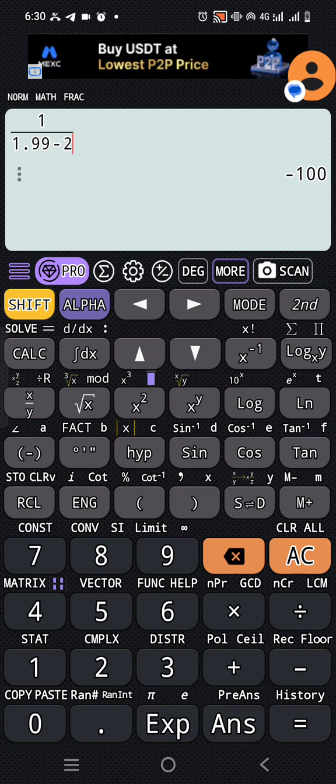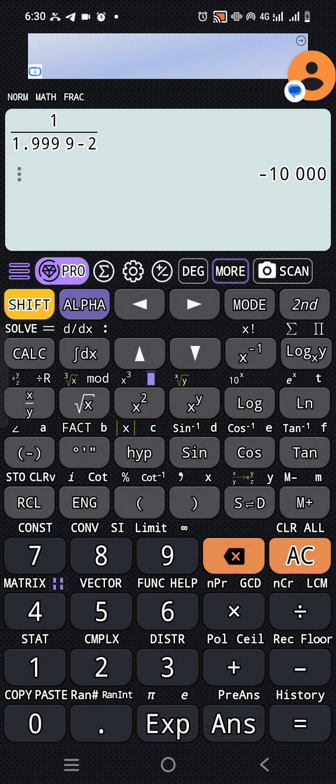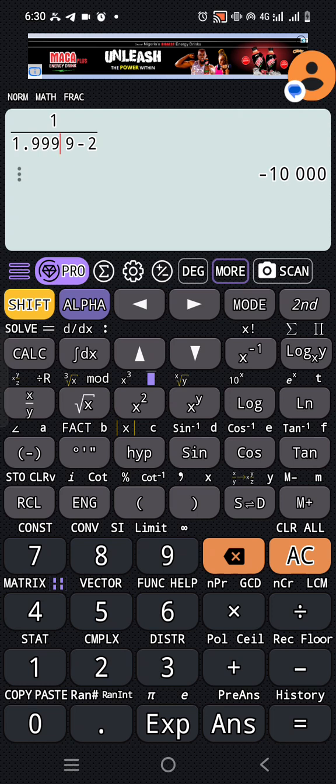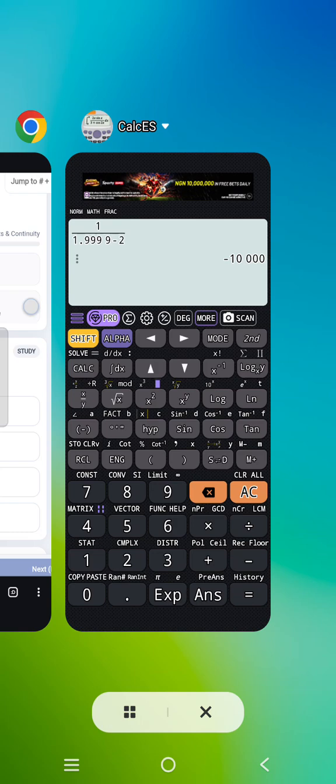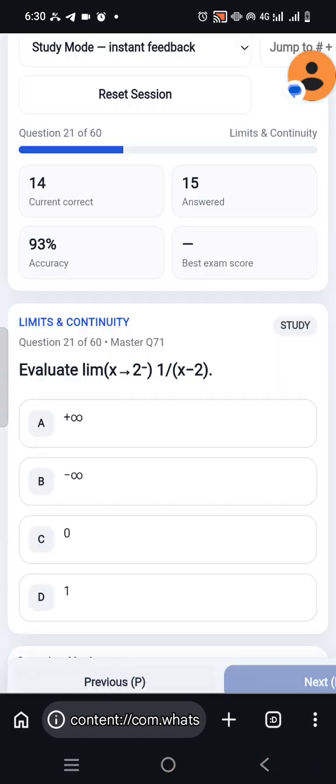Meaning that if I keep using a closer number like 1.999, you see it increases to 1000. All these values are still close to 2, meanwhile they are giving me something close to 1000. So they are pushing to a bigger number. That means you are pushing to infinity. And what do you note? For each of these numbers, they have a negative in front. So they are not just approaching infinity, they are approaching negative infinity. So B is the answer. Do you get it?